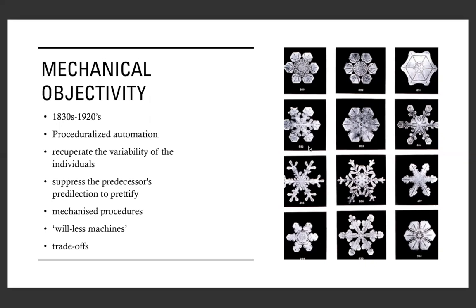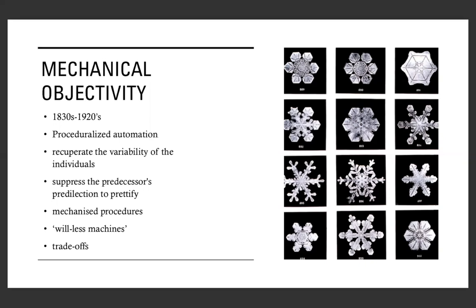So this is a picture of snowflakes from 1902, and instead of the perfectly idealized archetypes, you have unruly tokens, which are not perfect, like here or here, where they don't have the same kind of lines or anything.